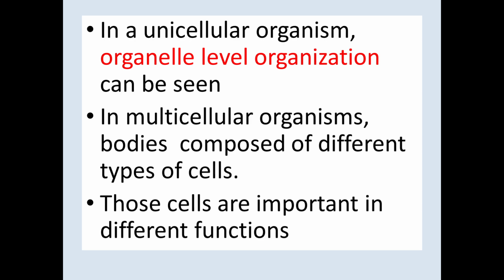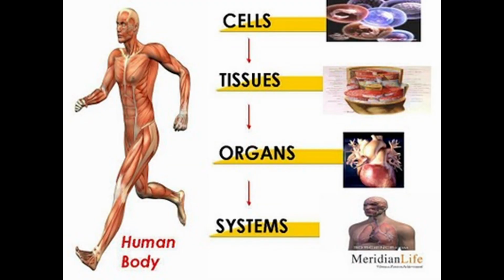If you think of the multicellular organisms, the basic structural unit of the bodies of organisms is cell, and number of cells organized to perform a specific task we call it as a tissue. The cells organize and form tissues, and number of tissues organized together to form organs, and number of organs organized to perform series of activities in the body known as system.